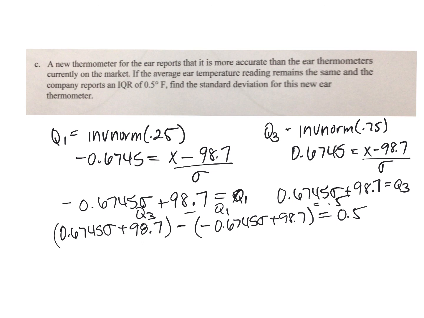And then we can solve that. So this becomes plus and minus. These cancel, and I get 0.6745 times 2 is 1.349 sigma equals 0.5. Divide by 1.349.